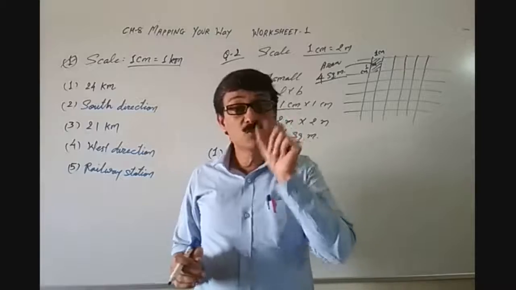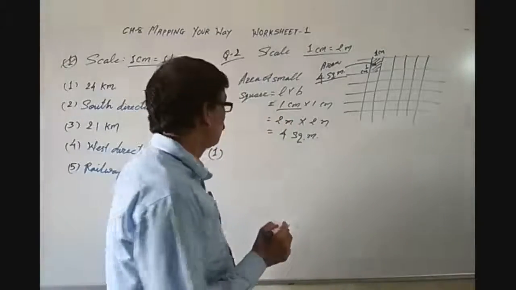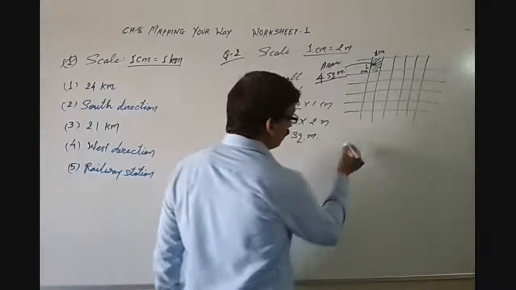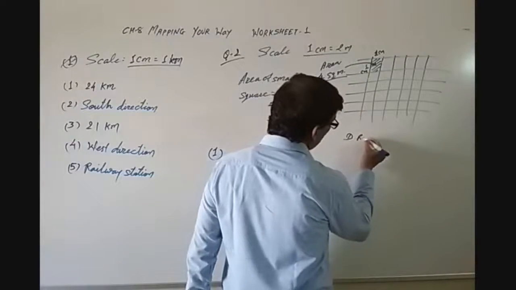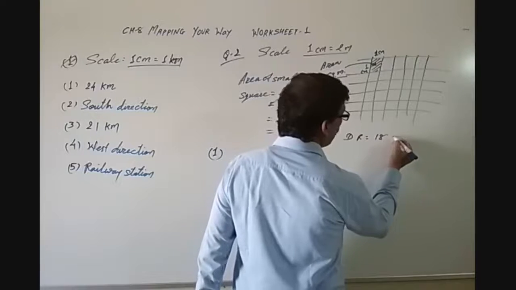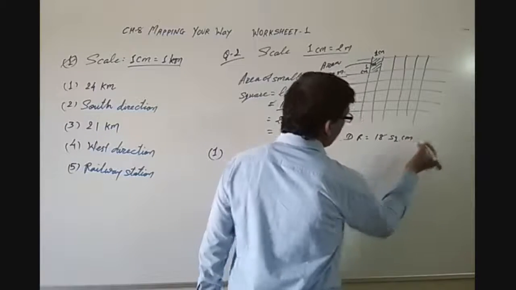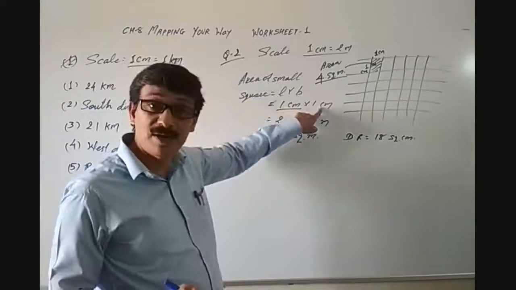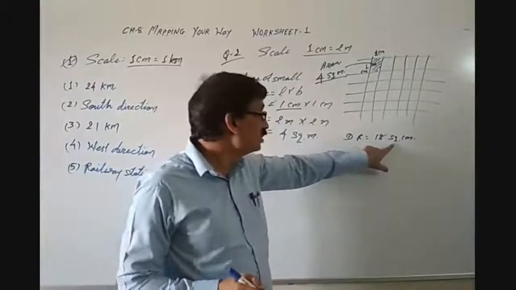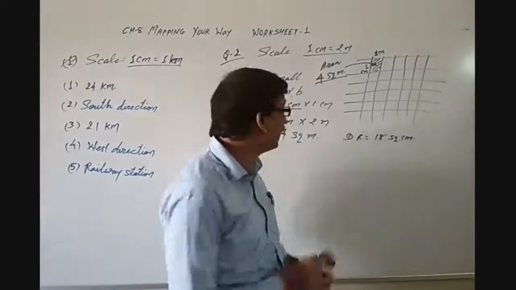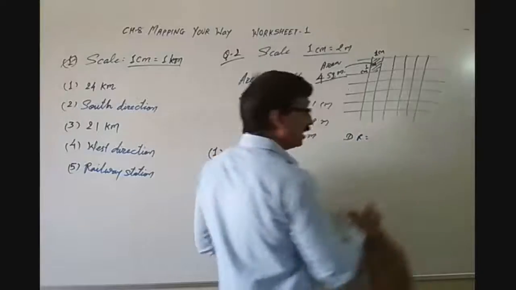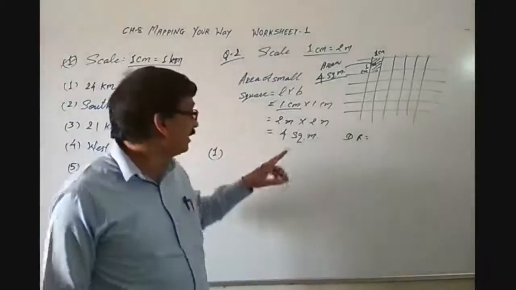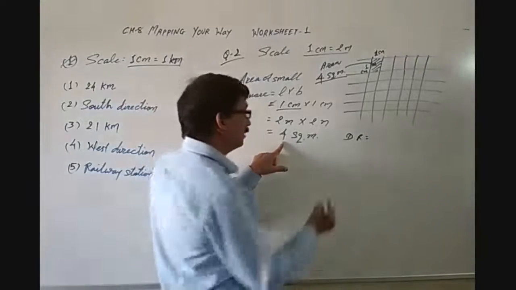So 18 small squares are there. Now 1 square area is 4 square meter.